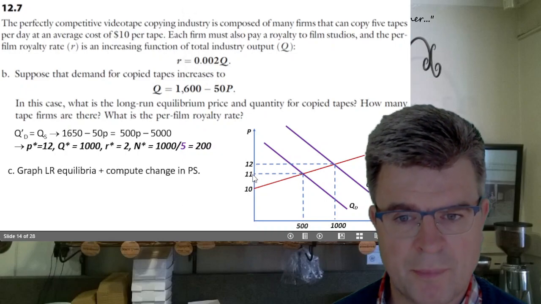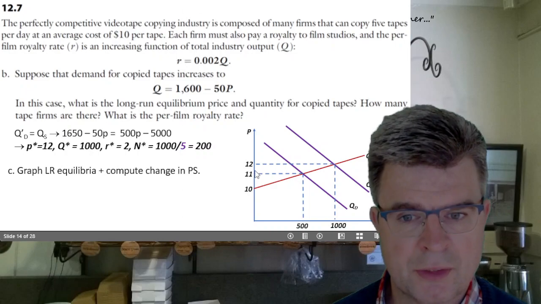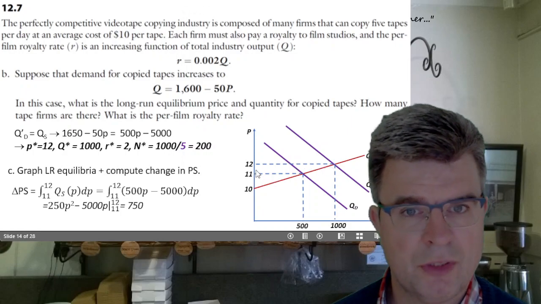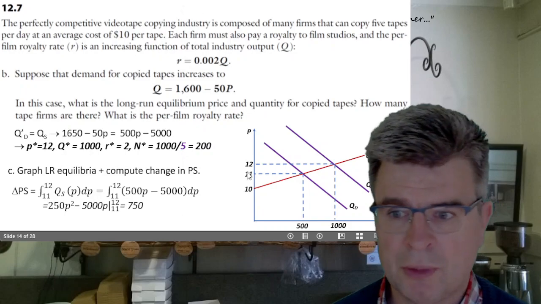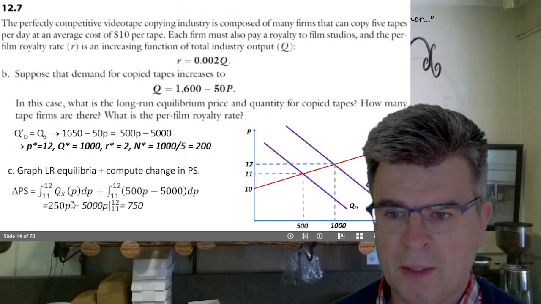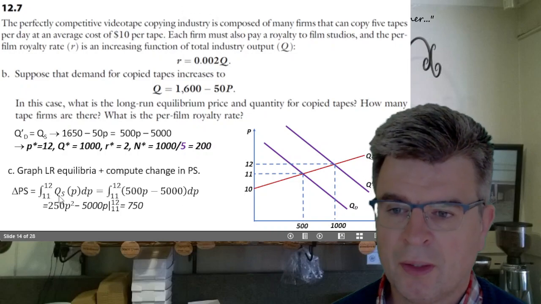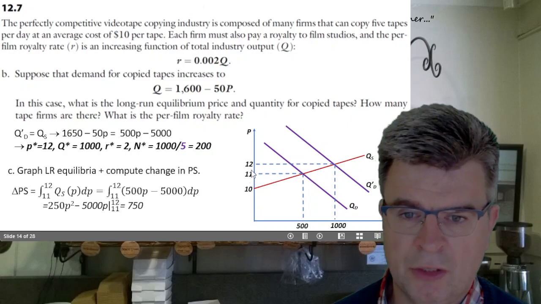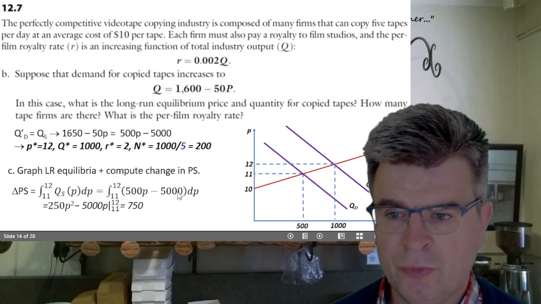Vertically, the price increases from 11 to 12, and there's also a change in the quantity supplied. So it's this area over here, which is the change in producer surplus, and we can compute it by taking the integral over the supply function when we increase price from 11 to 12.